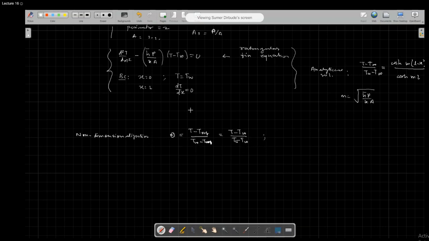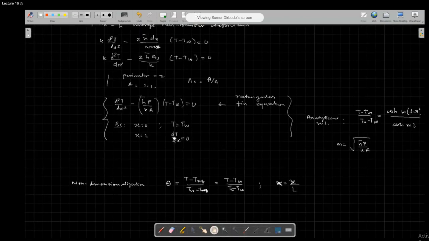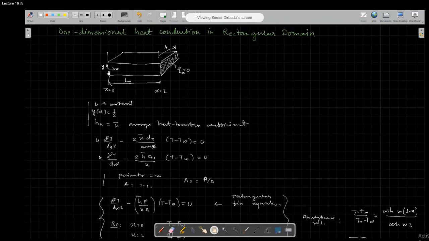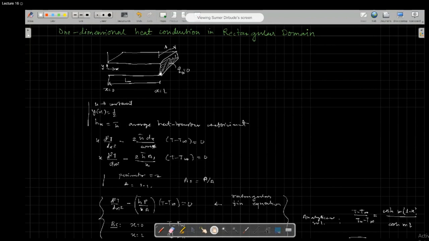And the capital X can be written as the dimensional x divided by the characteristic length of the problem. In this case, the characteristic length of this fin is the total length of the fin, in the direction of which things are happening.